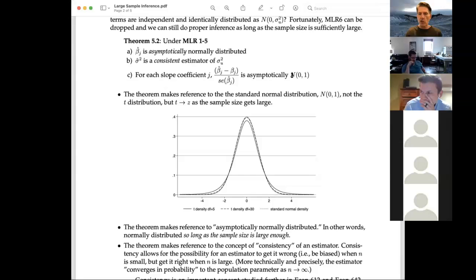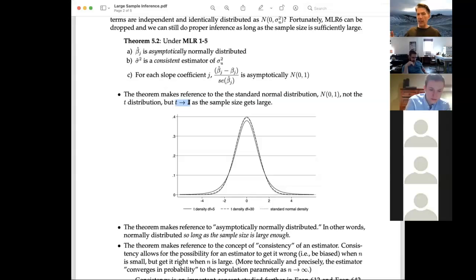Okay, so here it says this makes reference to the normal distribution. The previous made reference to the T, but we want to know T goes to Z as the sample size gets large. In the previous set of notes, we had a sample size of 7,000 with our community college versus four-year college example.